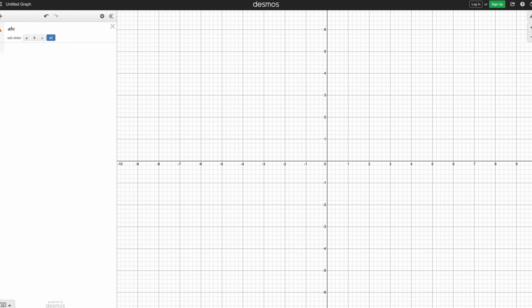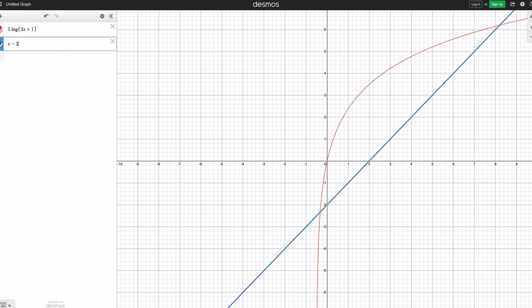All right, so going over to my graph, my first one is going to be 5 log of 2x plus 1. My second graph, and I'm just using that power property to move that 5 to the front, is x minus 2. And there are my two graphs.